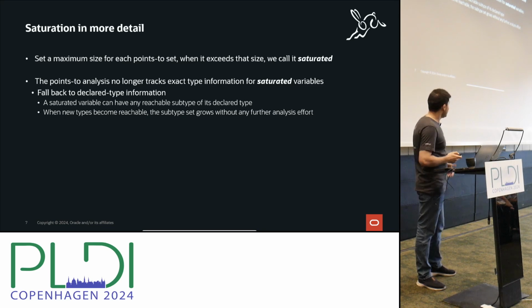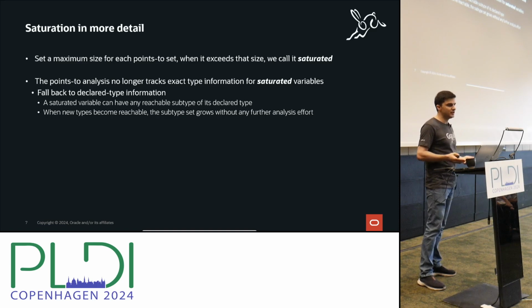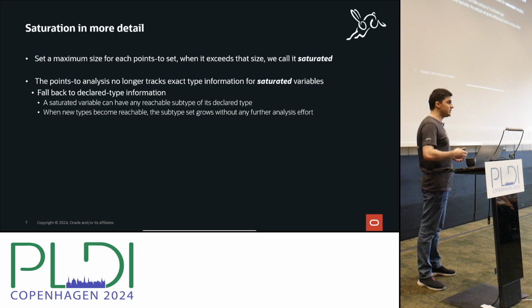So a saturated variable can have any reachable subtype of its declared type. When new types become reachable for that declared type, you get the precision for free for that variable. You don't need to analyze that variable independently anymore. So this declared type information fallback is what allows us to preserve most of the precision.